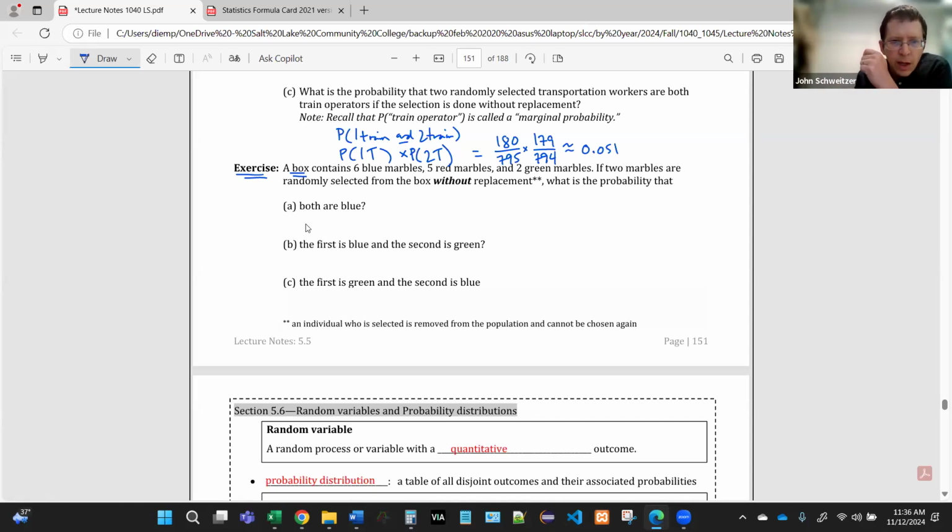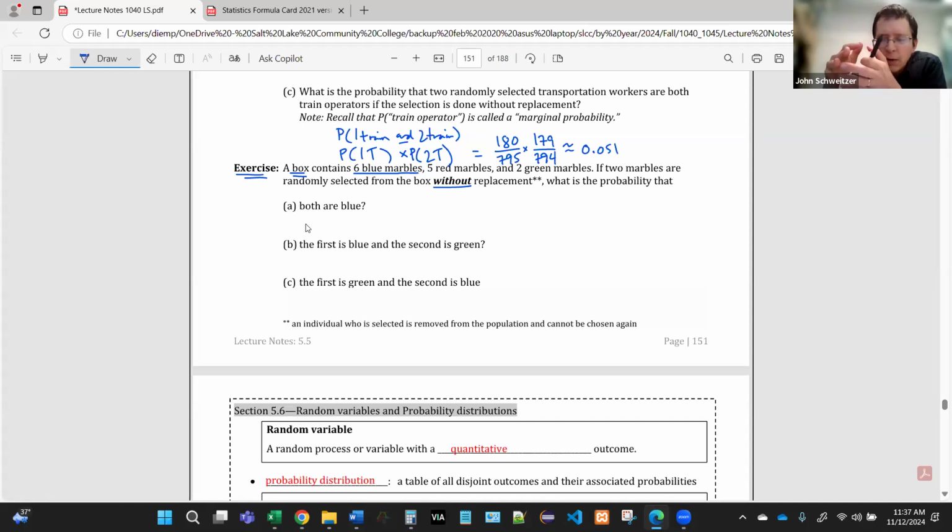So here's the scenario, and I think we've seen something kind of like this before. We have marbles in the bag. 6 of them are blue, 5 are red, and 2 are green. We're going to randomly select 2 marbles, and we're going to do this without replacement. So you're going to reach in, pull out a marble without looking, and note the color of the marble. Then you're going to put that marble aside and reach back into the box and grab a second marble.